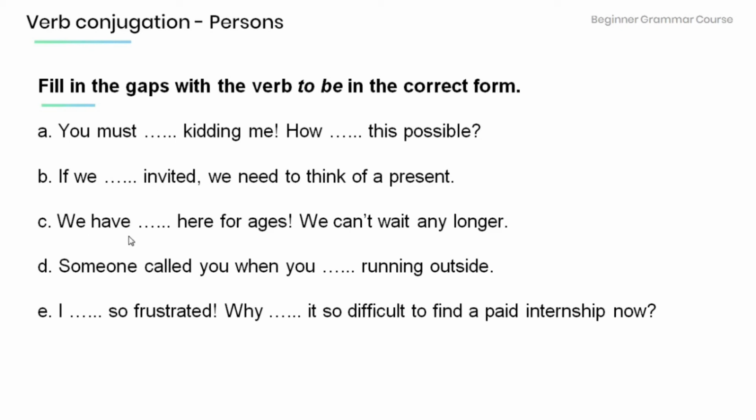C. We have here for ages. We can't wait any longer. D. Someone called you when you running outside. E. I so frustrated. Why it so difficult to find a paid internship now?